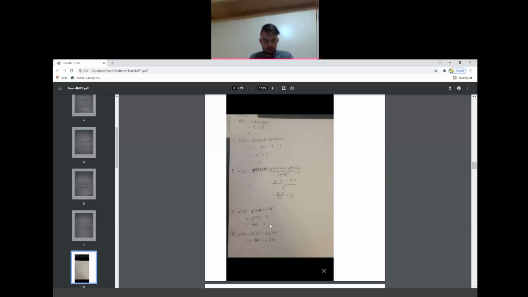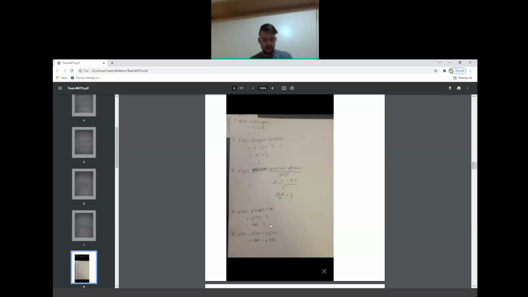We have to look at the graph and find what it is at 4. f of x at 4 is 3.